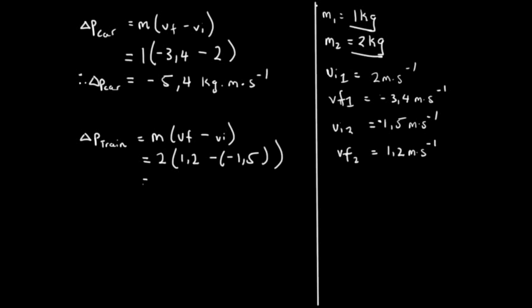And that is equal to positive 5,4 kilograms meters per second. And right there, we have calculated the change in momentum for both the car and the train as well. First question is answered.